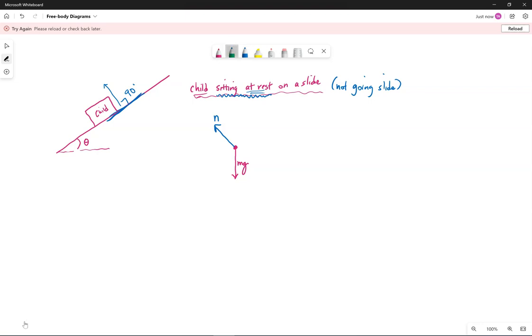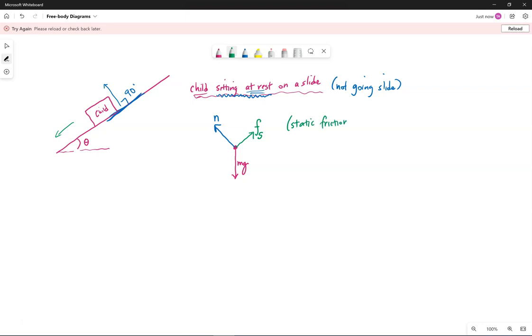There has to be a friction force opposing the motion that the child would do if there was no friction. So I know the child would slide down the slide if there was no friction. That means there must be some sort of friction pointing up the slide. In terms of not allowing the child to slide, to stay there, we call this static friction.